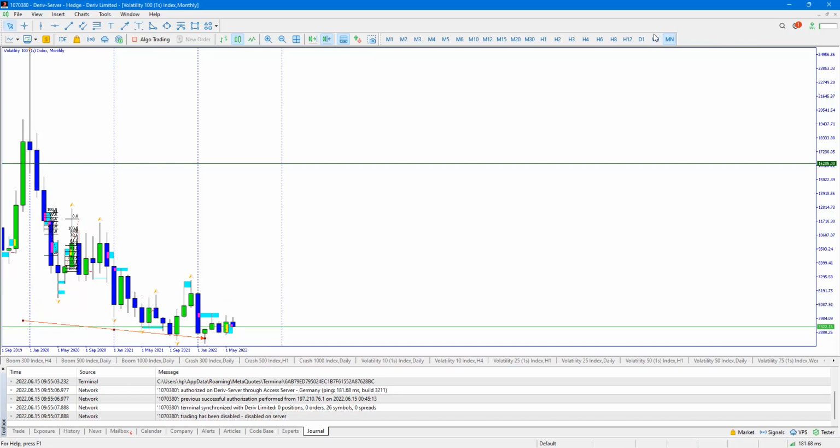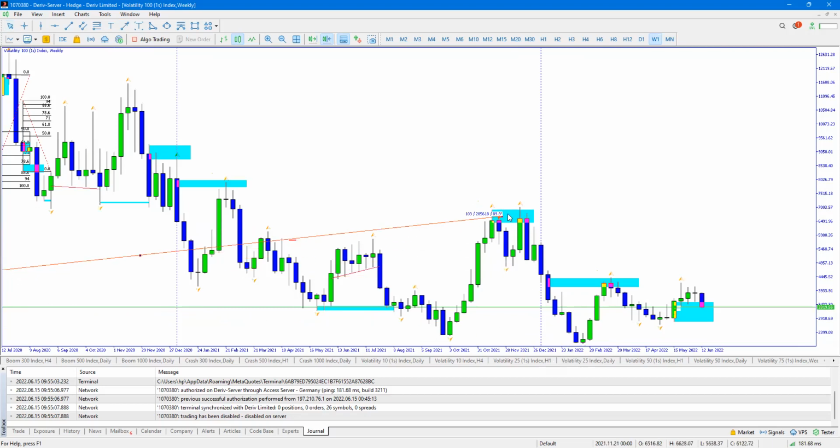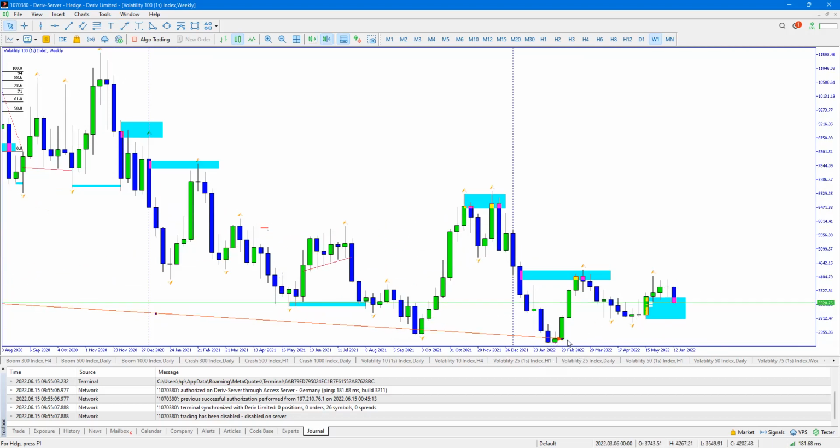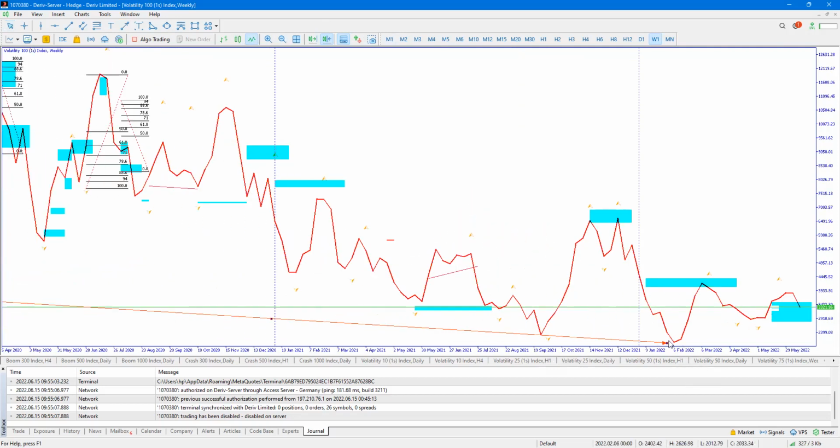Coming down to the weekly time frame, still the same thing. High, low. There was a break of structure to the downside. If I convert this to a line chart, you're going to see that price closed below this.